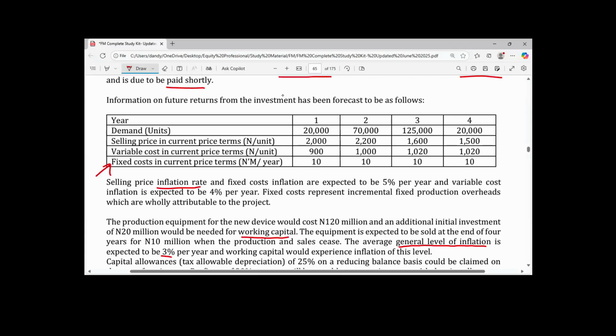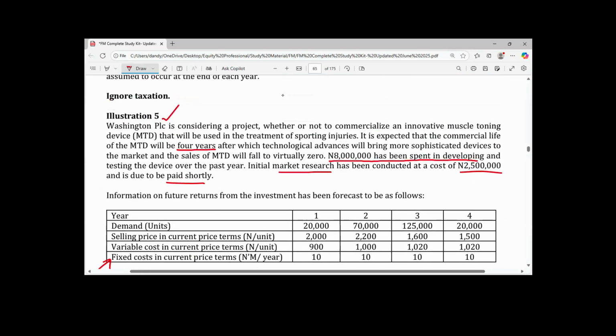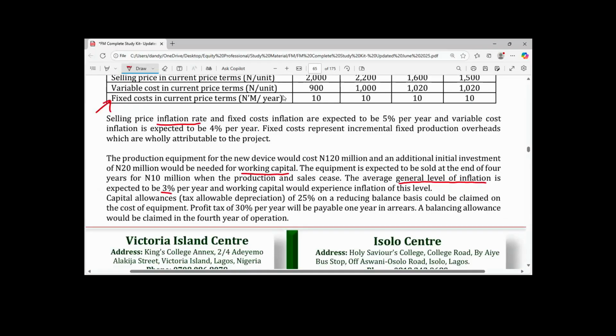The fact that you are given fixed cost in current price terms does not mean that it is relevant. I told you when I was explaining last week that there are 3 ways the examiner can test you on fixed cost. If you are given fixed cost, no additional information, that fixed cost is not relevant. Not only that, if you are given fixed cost including depreciation, I also said the fixed cost is not relevant, but the examiner wants you to do something. What are you supposed to do?